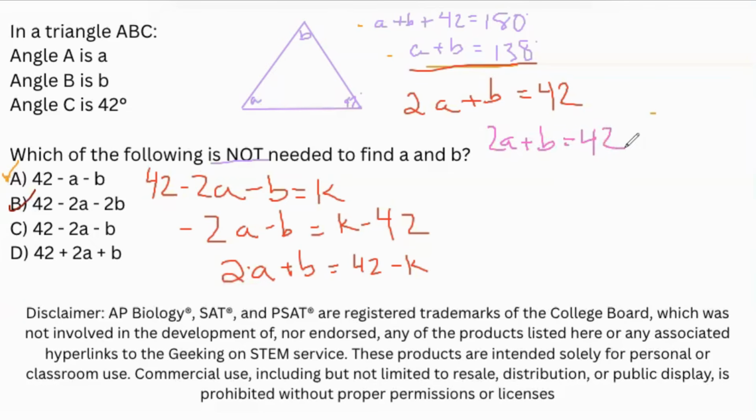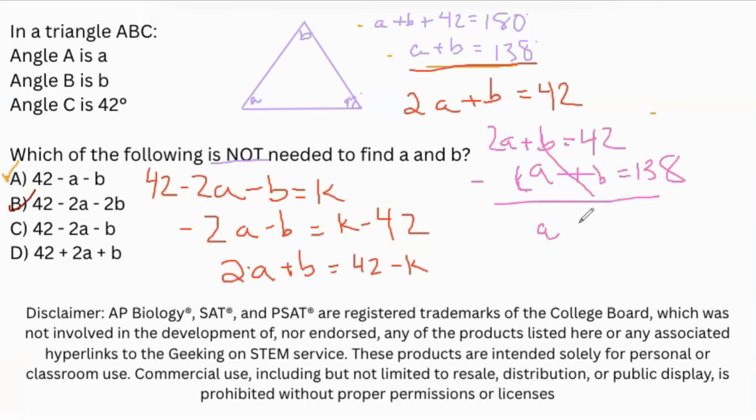And then remember we have the first one, which is a plus b equals 138. In this case, you could subtract, get rid of the b's, and this is just quicker.